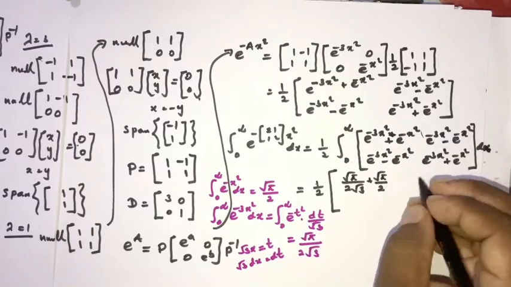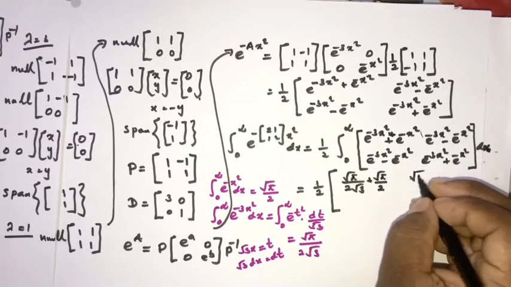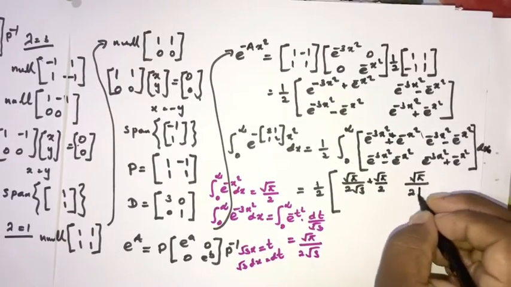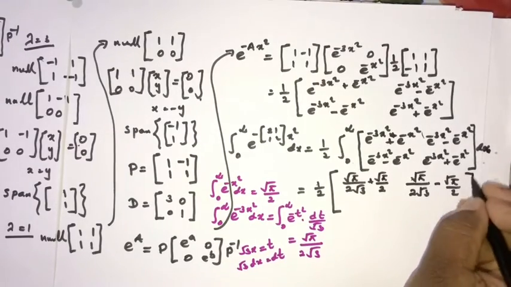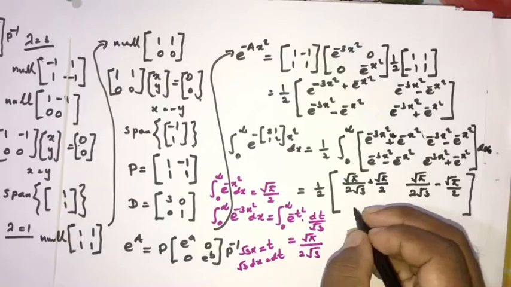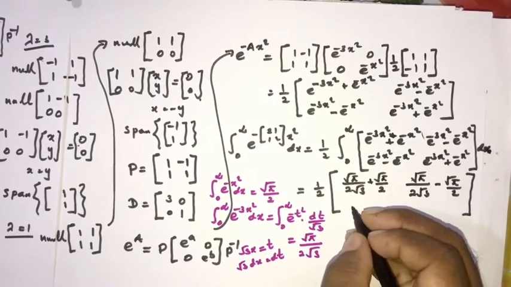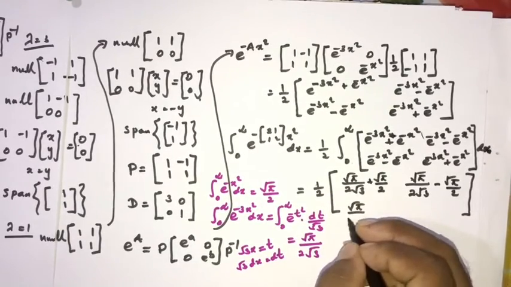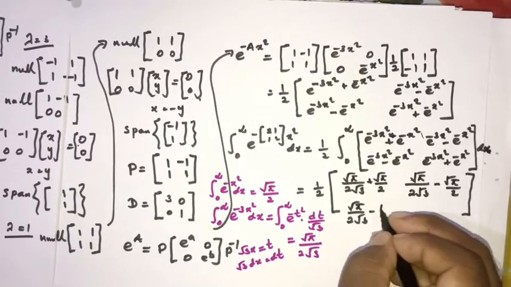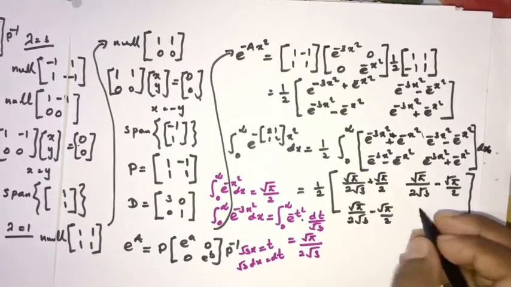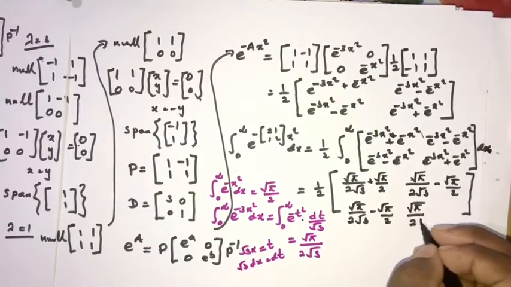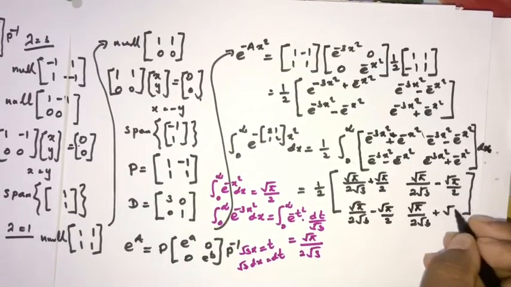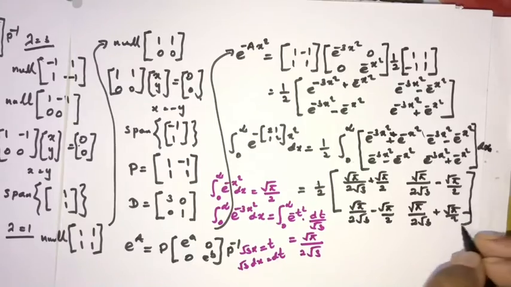So the entries are: square root of pi over (2 square root of 3) plus square root of pi over 2, square root of pi over (2 square root of 3) minus square root of pi over 2, square root of pi over (2 square root of 3) minus square root of pi over 2, and square root of pi over (2 square root of 3) plus square root of pi over 2.